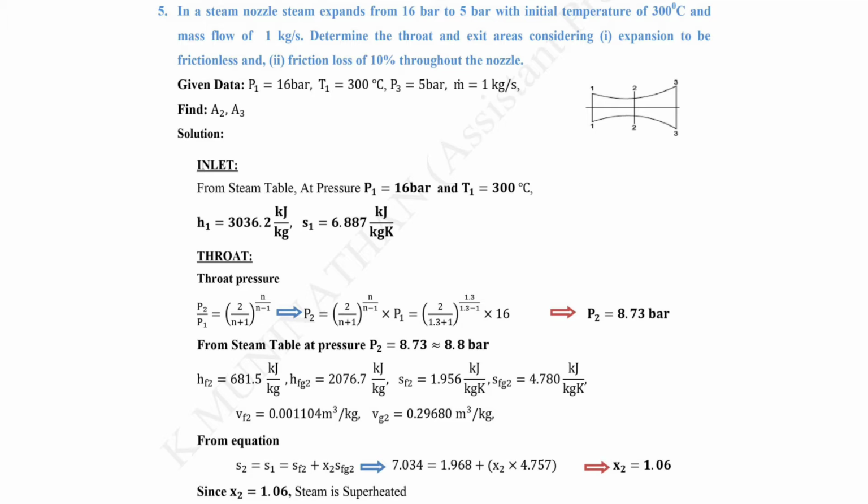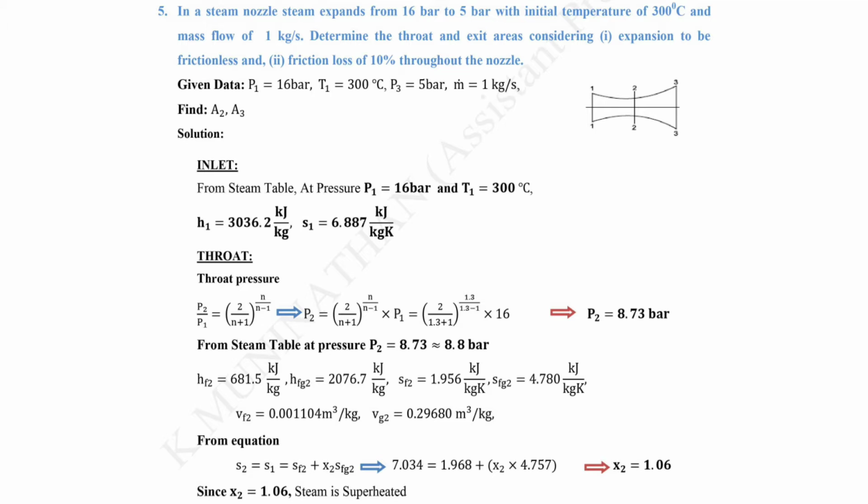Given data: P1 is equal to 16 bar, T1 is equal to 300 degrees Celsius, P3 is equal to 5 bar, and the mass flow rate is equal to 1 kg per second. Find A2 and A3.